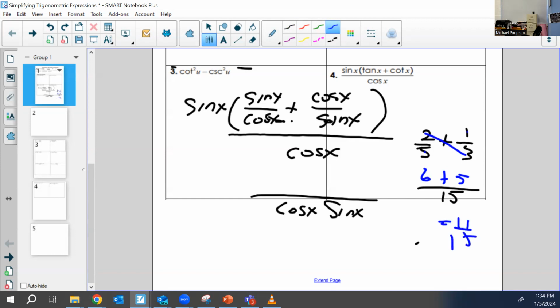Same process now, watch this. So my LCD is cosine x sine x. So now I'm going to, there you go, you got it, sine.